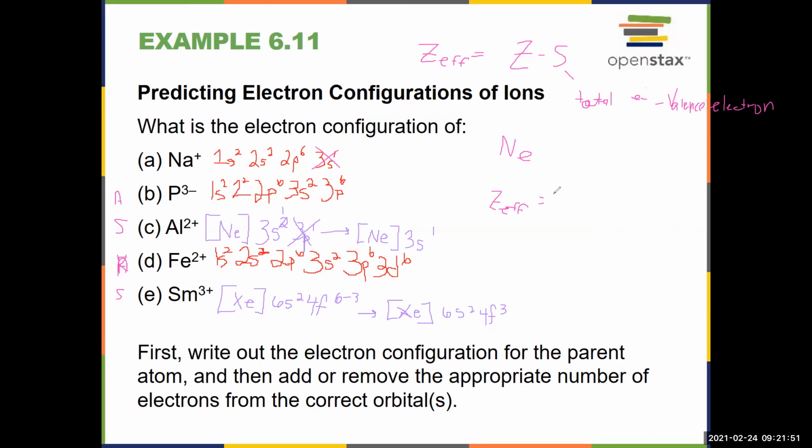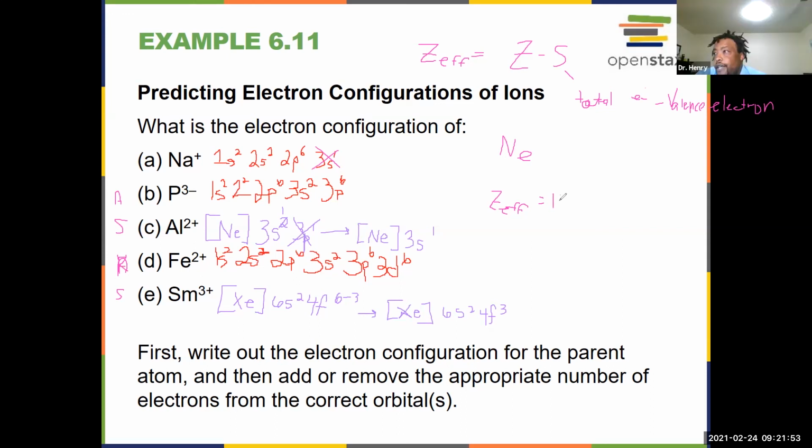It'd be 10, right? Okay, so we have 10. Then we want the total number of electrons.